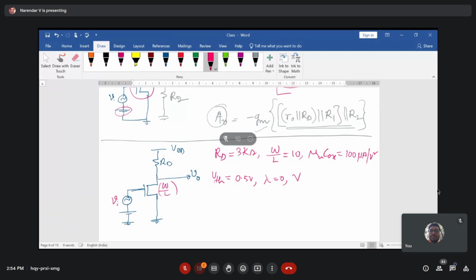This is VGG, which is equivalent to 1.2 volts, the DC biasing voltage, and the supply voltage VDD is given as 2 volts.